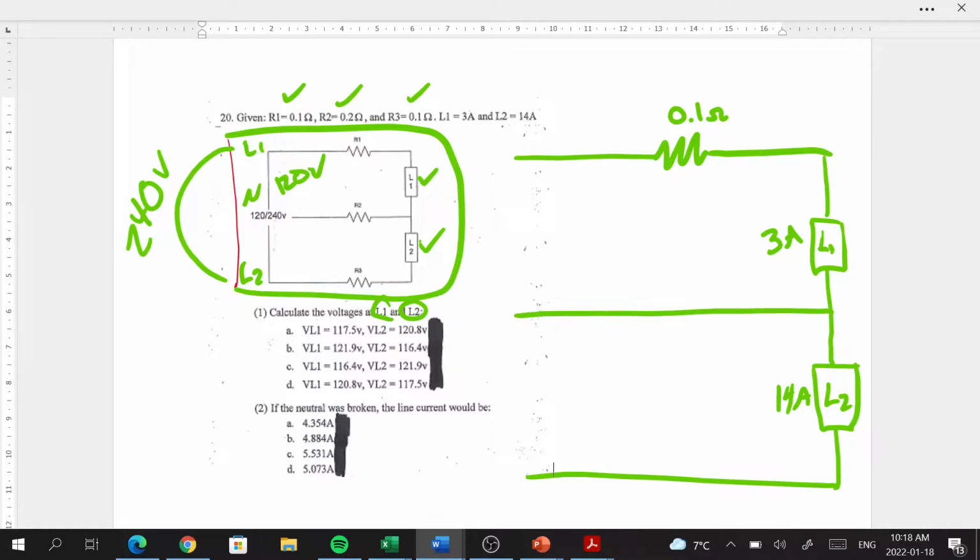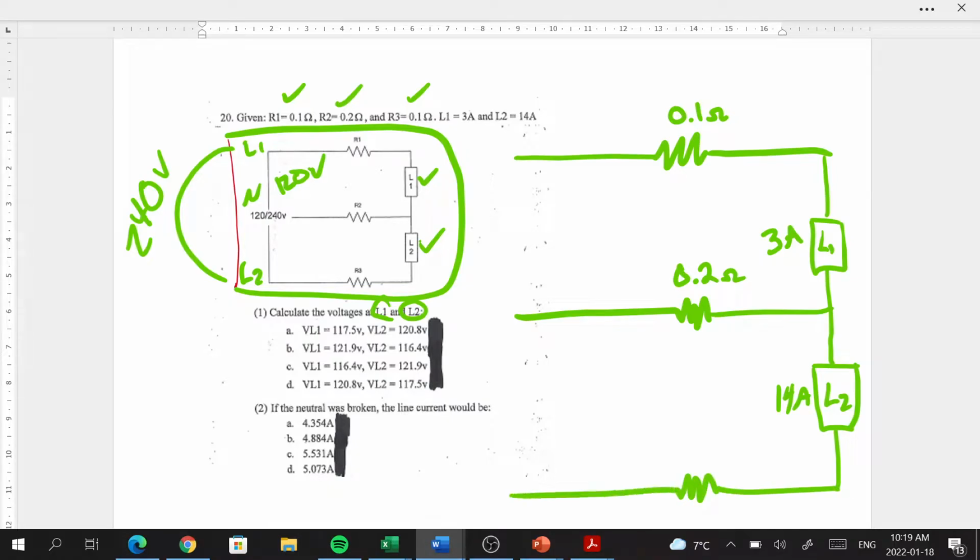Then we have a neutral here. Before I get too carried away, the internal resistance of the neutral conductor is 0.2 ohms. And likewise, we have an internal resistance of 0.1 ohms along line 2.